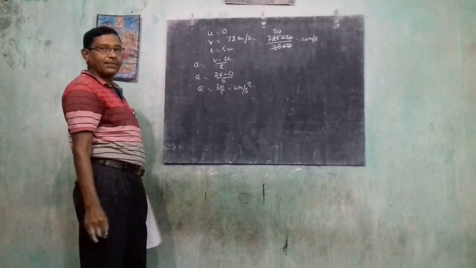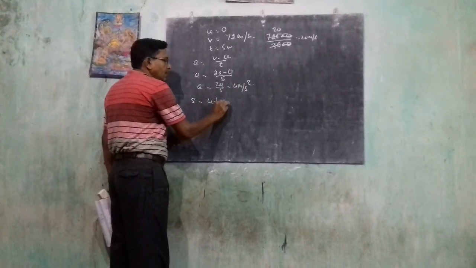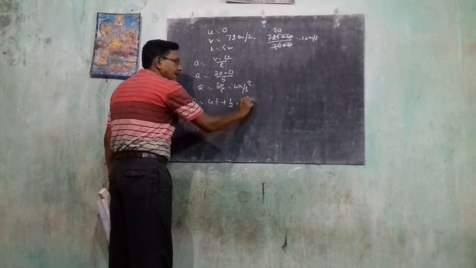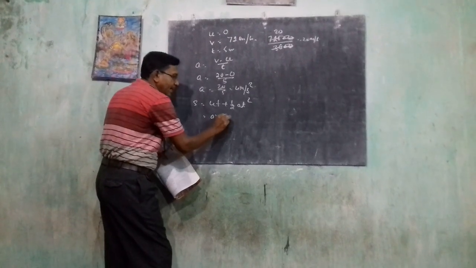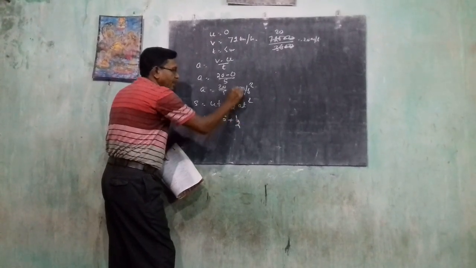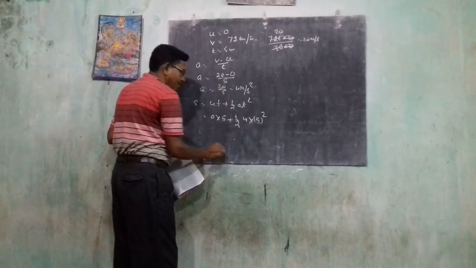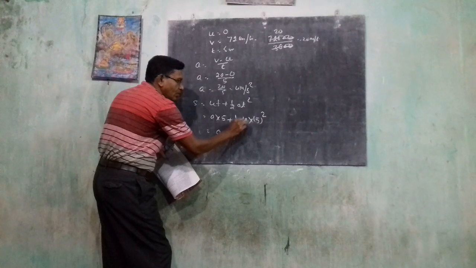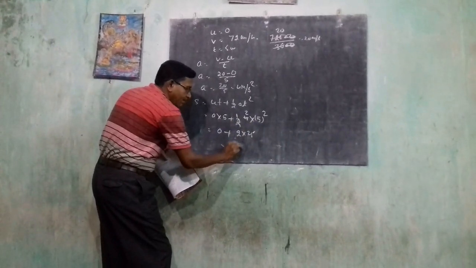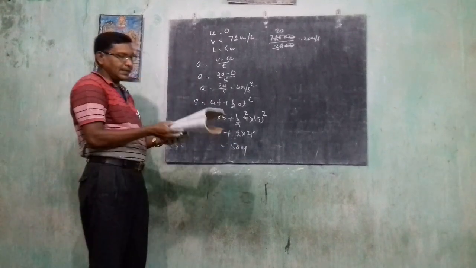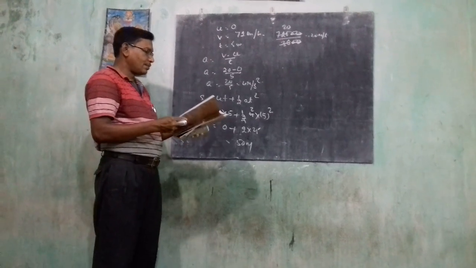Then how much distance can be covered? Distance s equals ut plus half at square by the second equation of motion. u is 0 and time taken is 5 seconds, plus half, a is 4 and time is 5 seconds, so 5 square. This means 0 plus 2 into 25, which is 50 meters of distance covered.